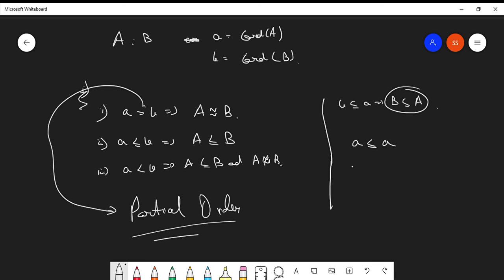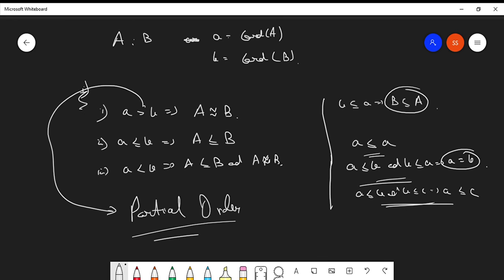Also, you can show that A less than or equal to B and B less than or equal to A will imply that A equals B. And A less than or equal to B and B less than or equal to C will imply that A is less than or equal to C. These things can be easily shown.